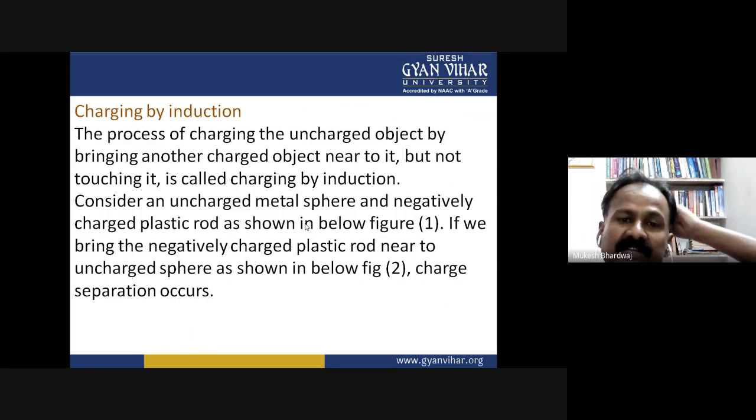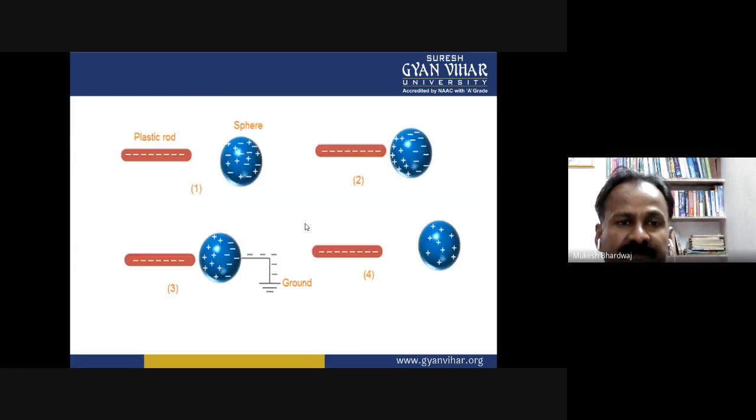Consider an uncharged metal sphere and a negatively charged plastic rod as shown in the figure in the next slide. If we bring the negatively charged plastic rod near to the uncharged sphere as shown in the figure below, charge separation occurs. This is the phenomenon of charging through induction.